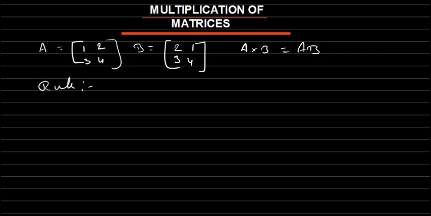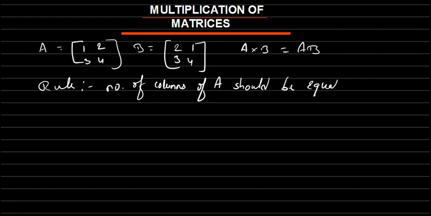This rule says the number of columns of A should be equal to the number of rows of B.